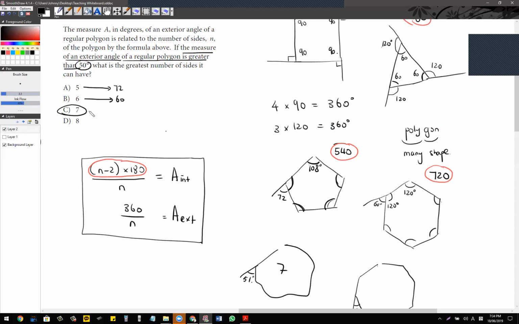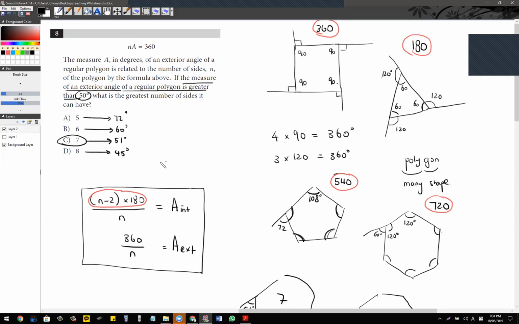Then 60, 51, 45. So this question is just about knowing the formula for the exterior angle. You just have to use that formula. You don't have to memorize this formula because it's given, they provide this formula for you.